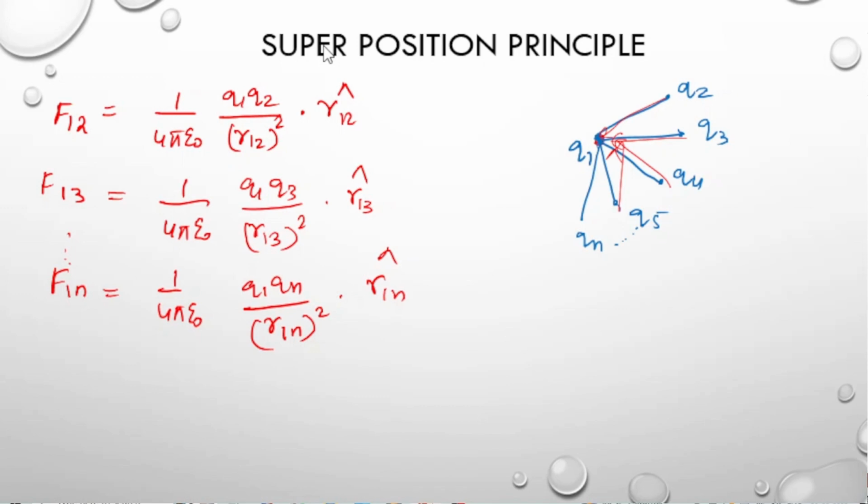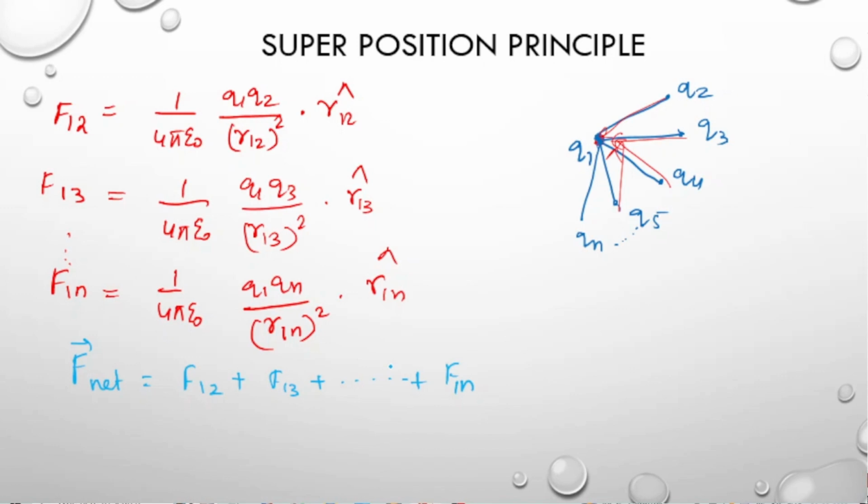To get the net force, you have to add F12 plus F13 plus so on till F1n. In order to get the net force, you have to add all the forces that are there.